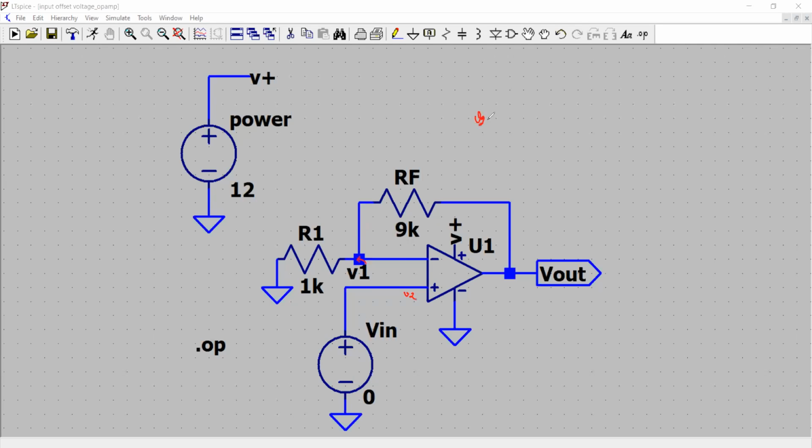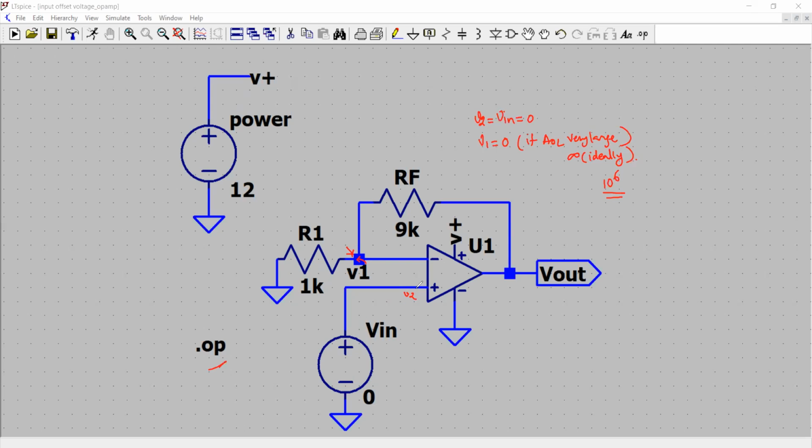So V2 is equal to V in is equal to 0, and therefore V1 is also equal to 0 if the AOL is very large, ideally infinite. But practically it has a value of only 10 mega. Therefore, in the operating point analysis, we saw some potential here, a very low value of it.